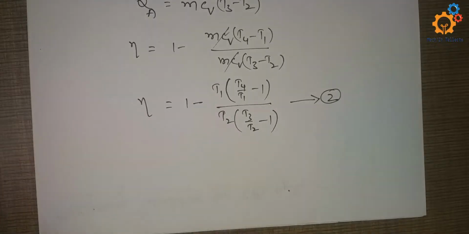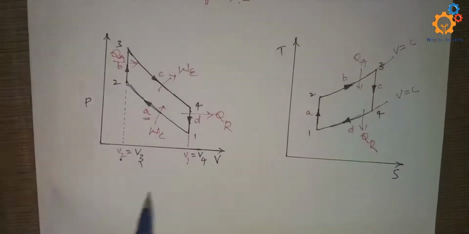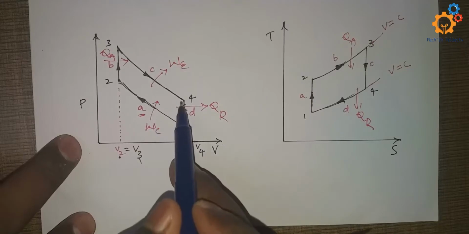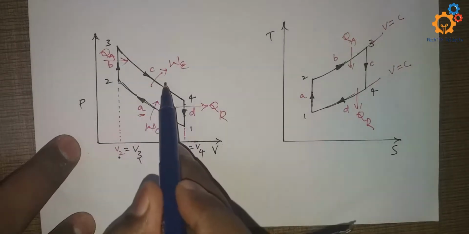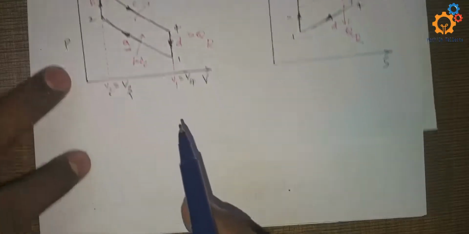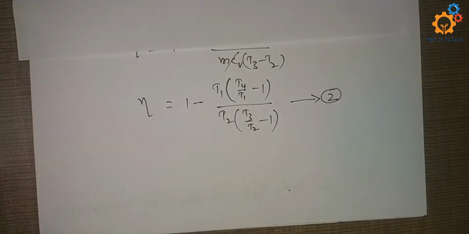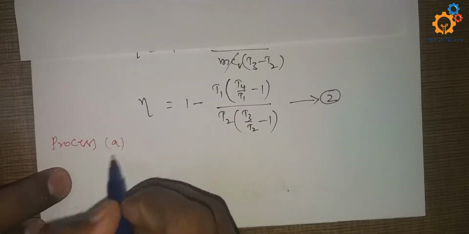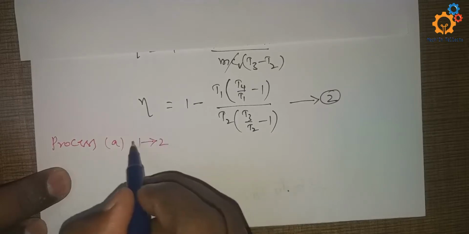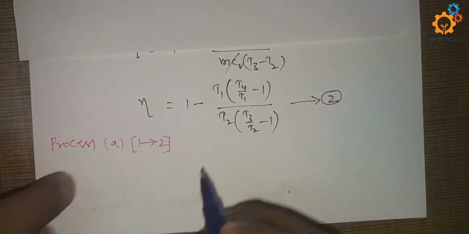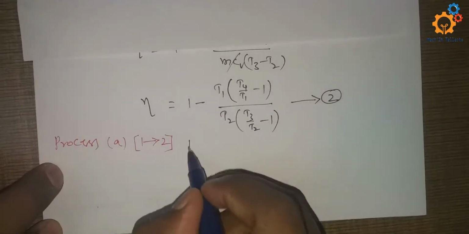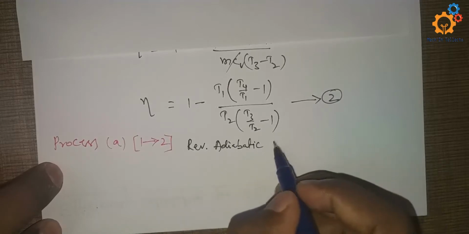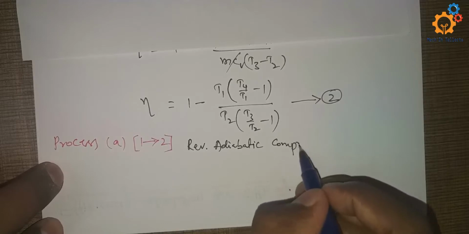Now see, process 1 to 2 is a reversible adiabatic process, and process 3 to 4 is a reversible adiabatic process. For any adiabatic process, we can take the relation. Process A, that is 1 to 2, is a reversible adiabatic compression process.